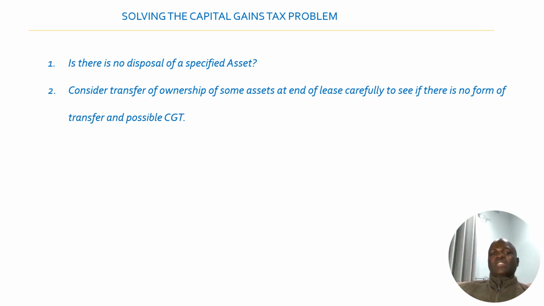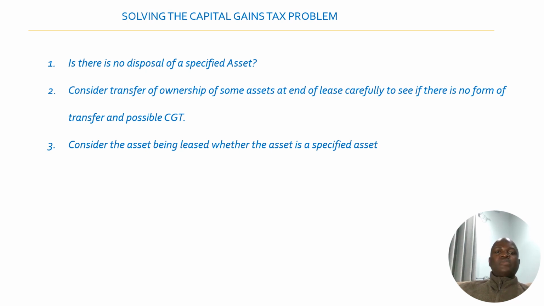But for your examinations, just look out for possible transfer of ownership on some of the assets at the end of the lease to see if there's any form of transfer and possible disposal of a specified asset, which then will create CGT. You should also consider whether the asset being leased is a specified asset in the first place. Because some assets, such as movables, are not specified assets anyway. So you're not going to be worried about CGT.